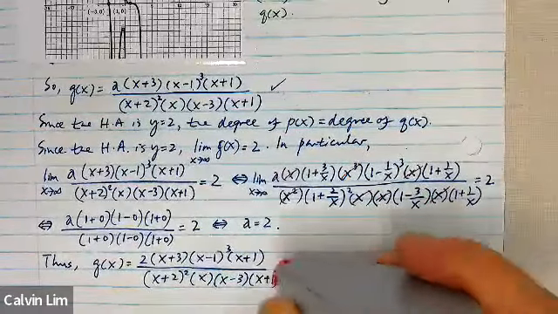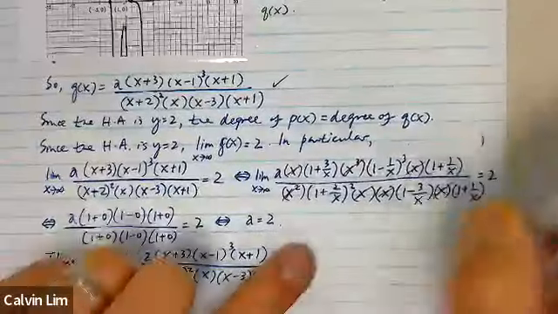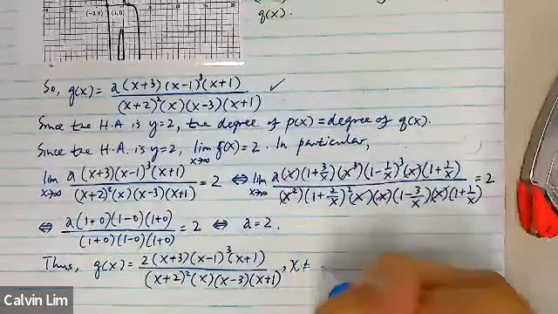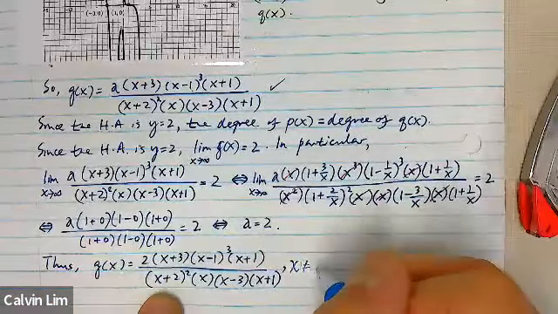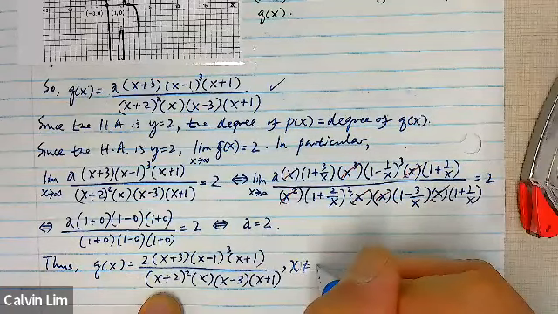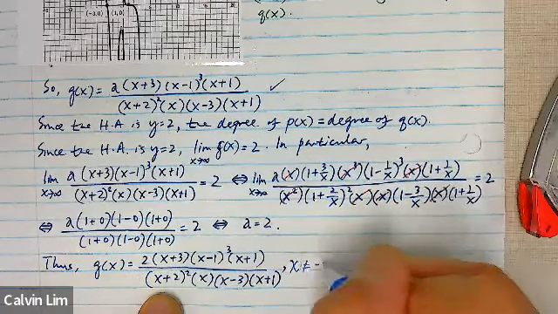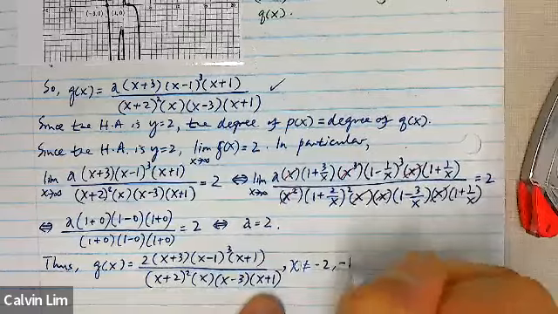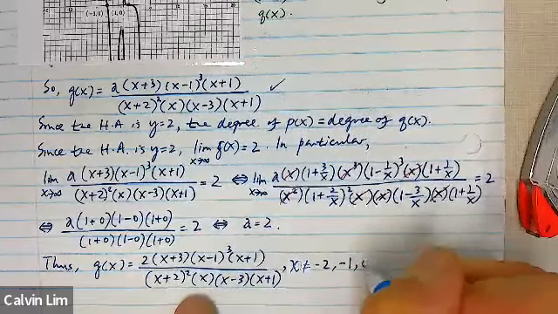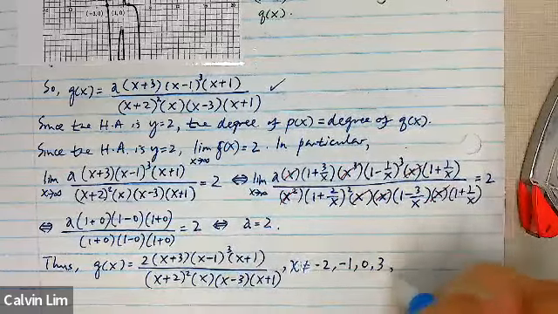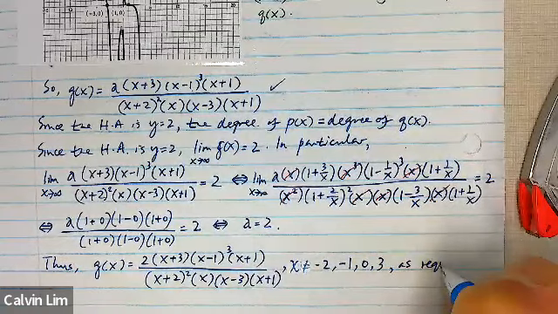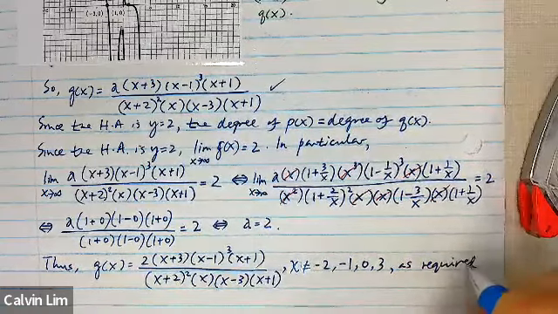What are the restrictions? x cannot equal -2, -1, 0, and 3. As required.